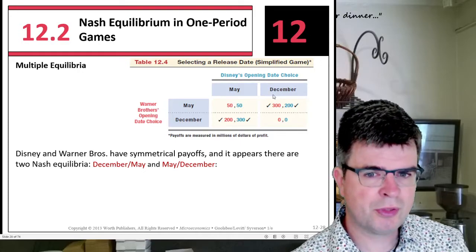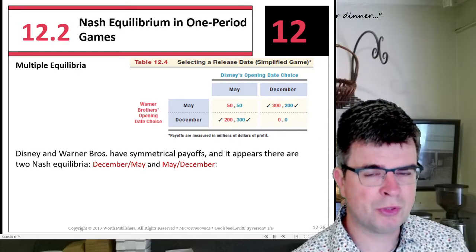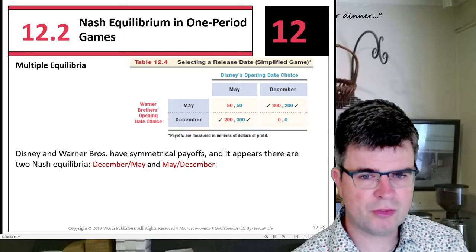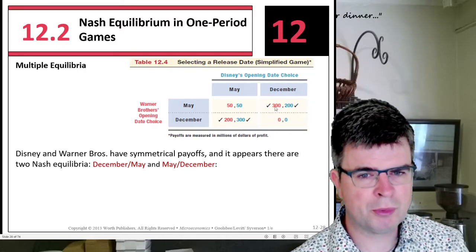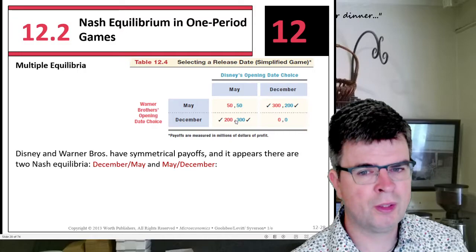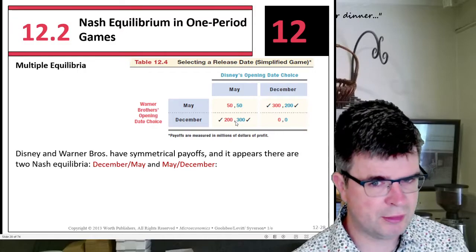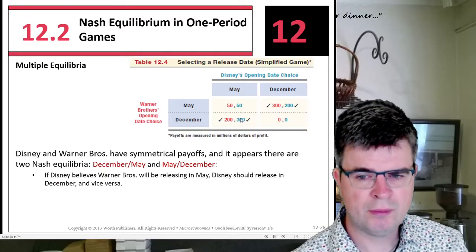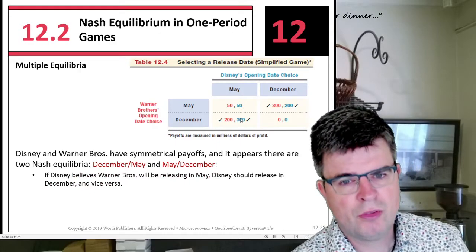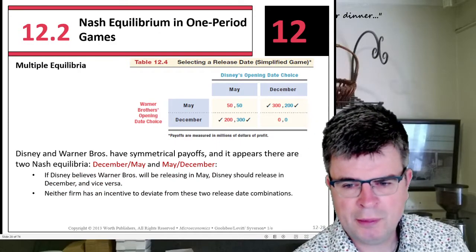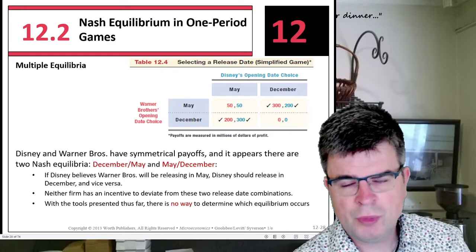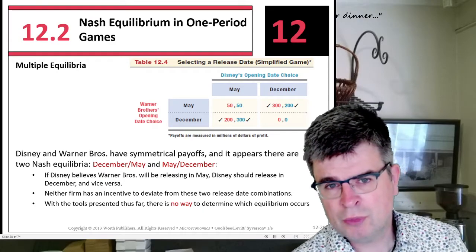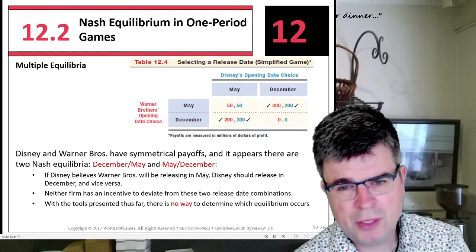And that leaves us with a question: what will we observe in practice? The two firms really face a coordination problem. So will they go for Warner Brothers May, Disney December, or Disney May, Warner Brothers December? And we don't know. We don't know what will happen in practice, and we need to rely on information outside of the game that may predict it.